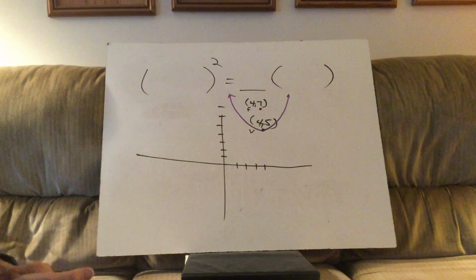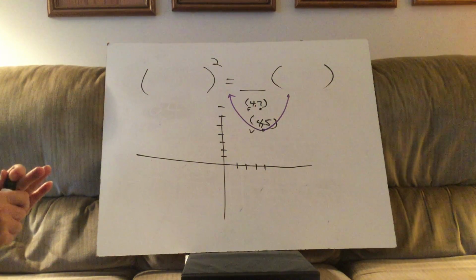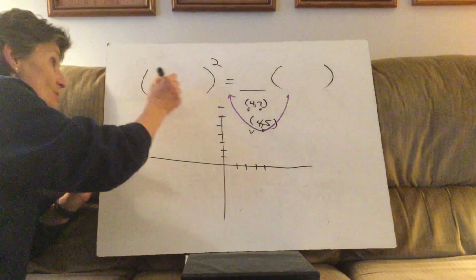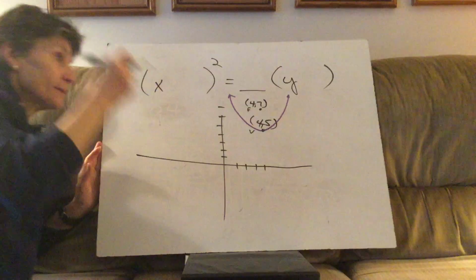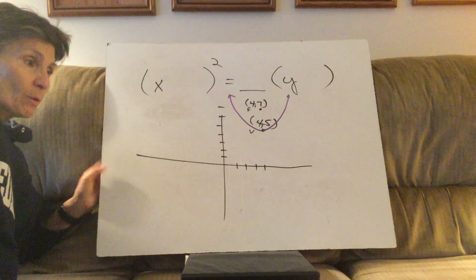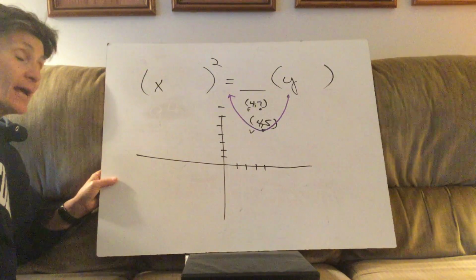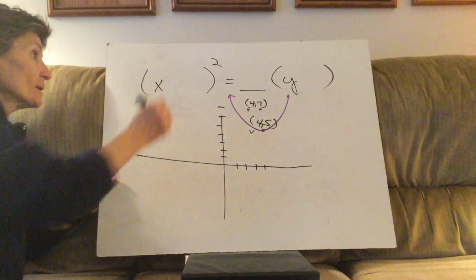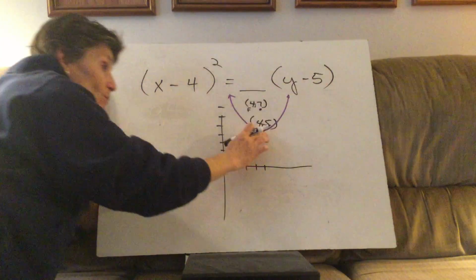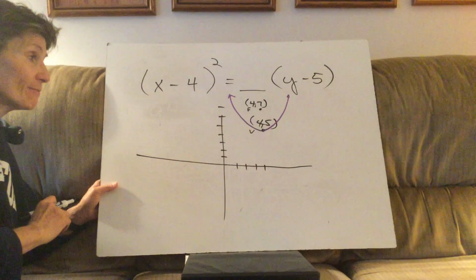Now, that tells us a lot about the equation. First of all, it tells us that x is squared. Remember that chart that's in your notes? You'll want to have that handy. If you have a parabola opening up or down, it's x that's squared. So this will be x minus 4, y minus 5. That's my vertex at (4, 5).